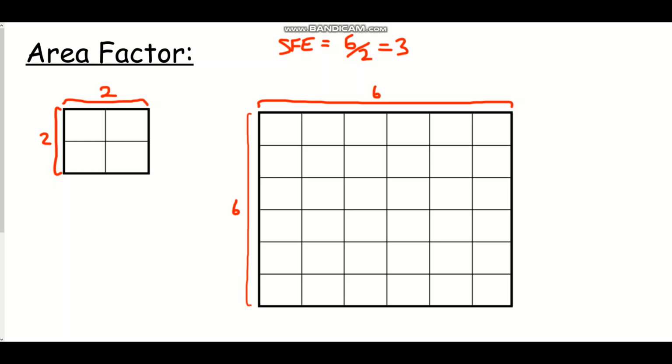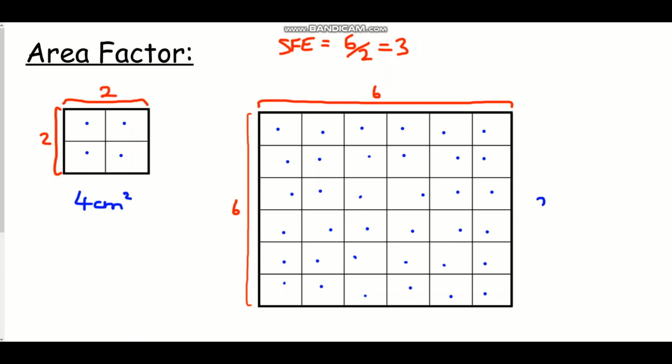Now, if I count up the area from the first box, I have 4, let's call these centimeters squared. And if I count up the area of the bigger box, that's 6, 12, 18, 24, 30, and 36.